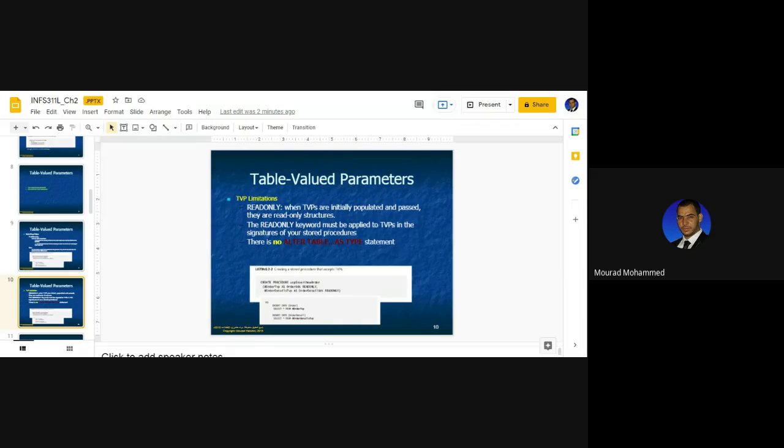Most of those are actual limitations. Most of all, we cannot modify the architecture of an entity, meaning the ALTER query is not to be passed using the TVPs, and it will not be executed.